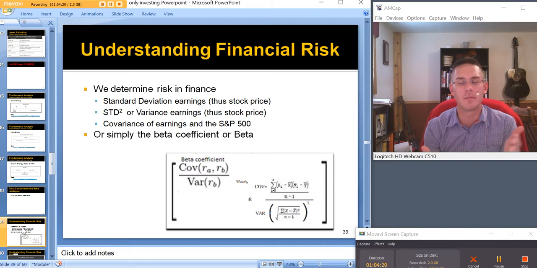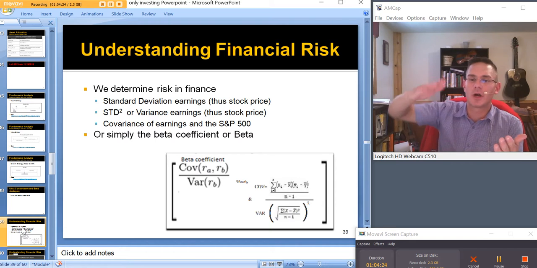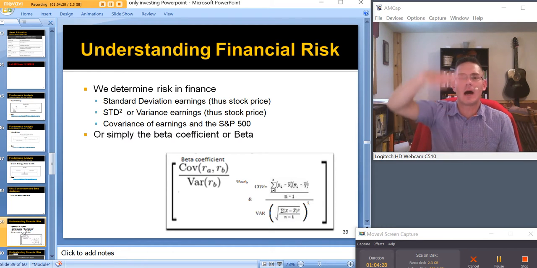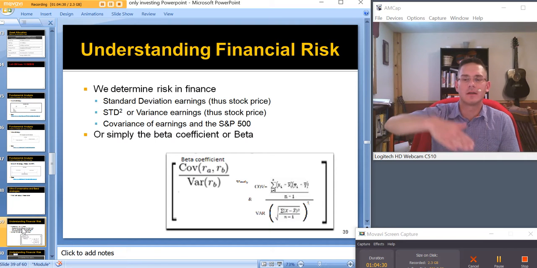We get what's called a beta coefficient, or simply beta. And what we're talking about when we say financial risk is how high and low a stock price would be moving, or earnings would be moving. And that's how we measure risk in finance.